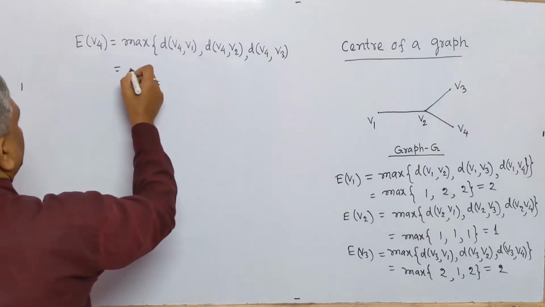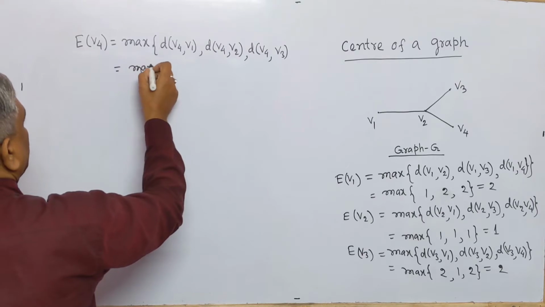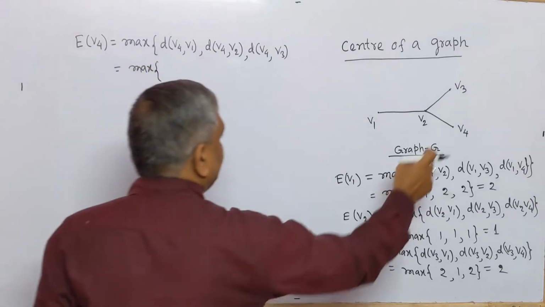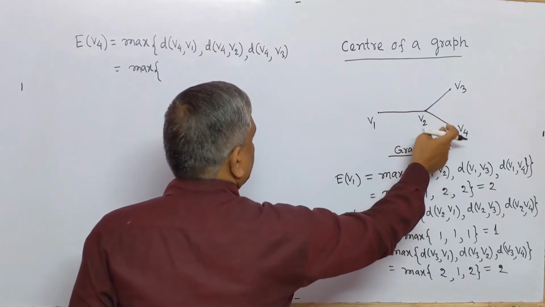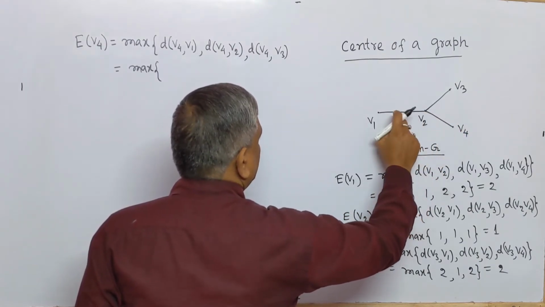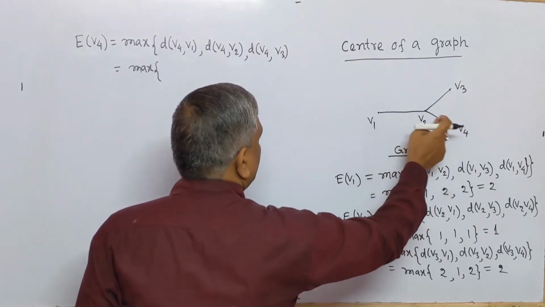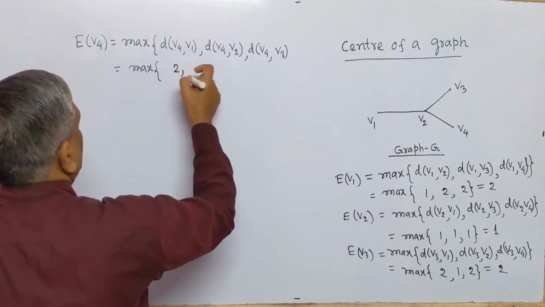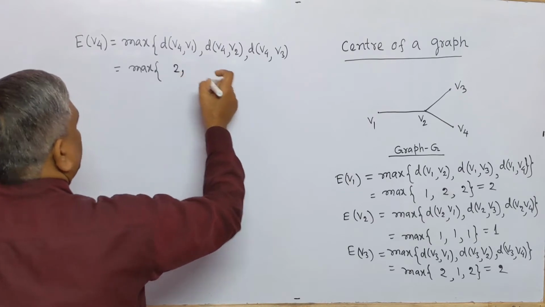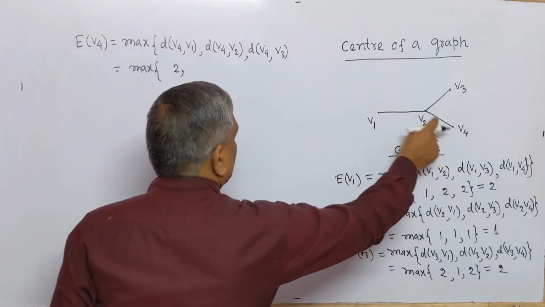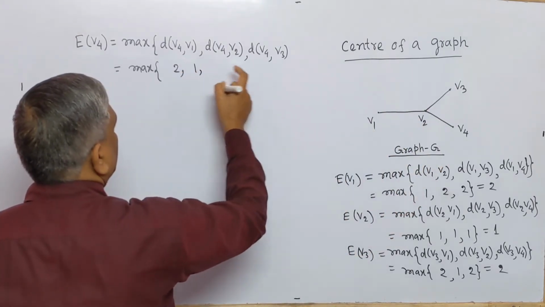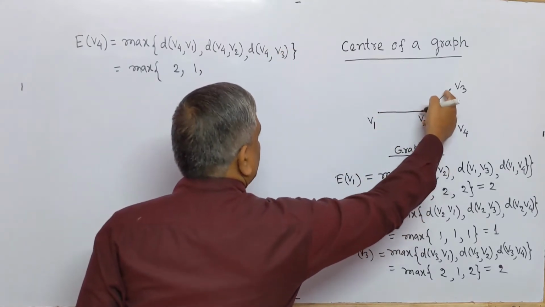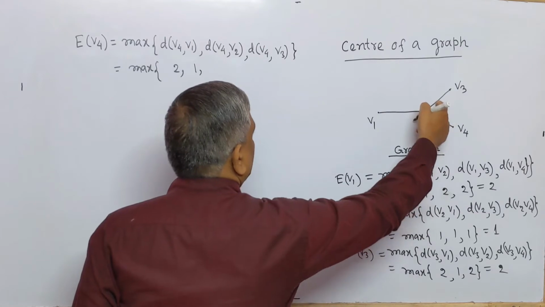And this equal to maximum of d(V4, V1), the number of edges in the shortest path from V4 to V1, V2, 1 and 2, 2. d(V4, V2) 1. d(V4, V3), here 1, 2, 2 edges.